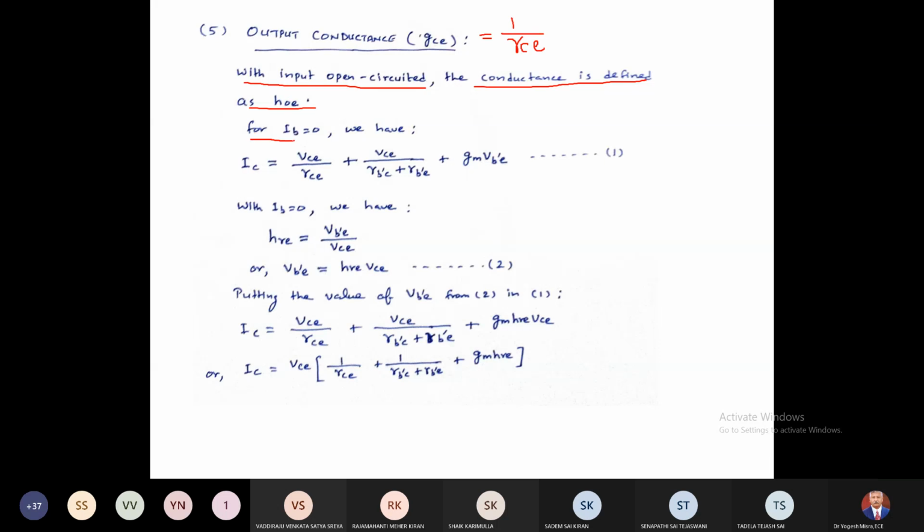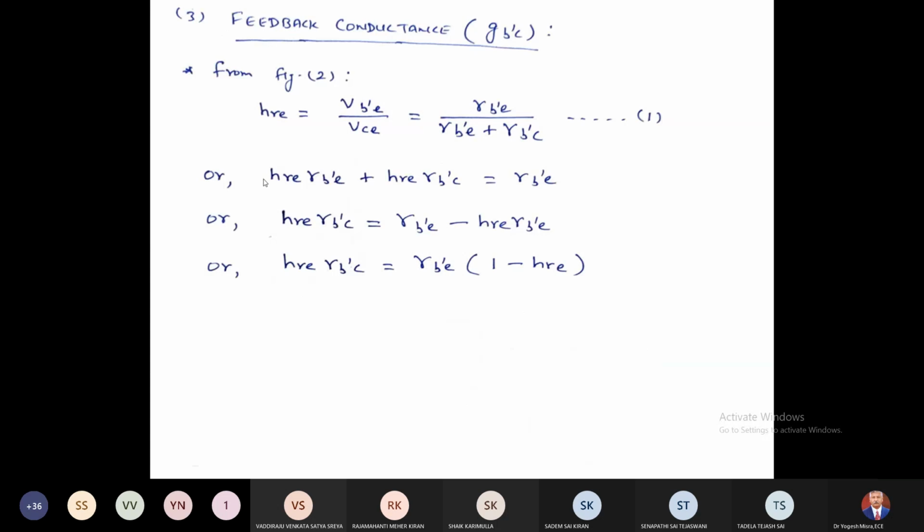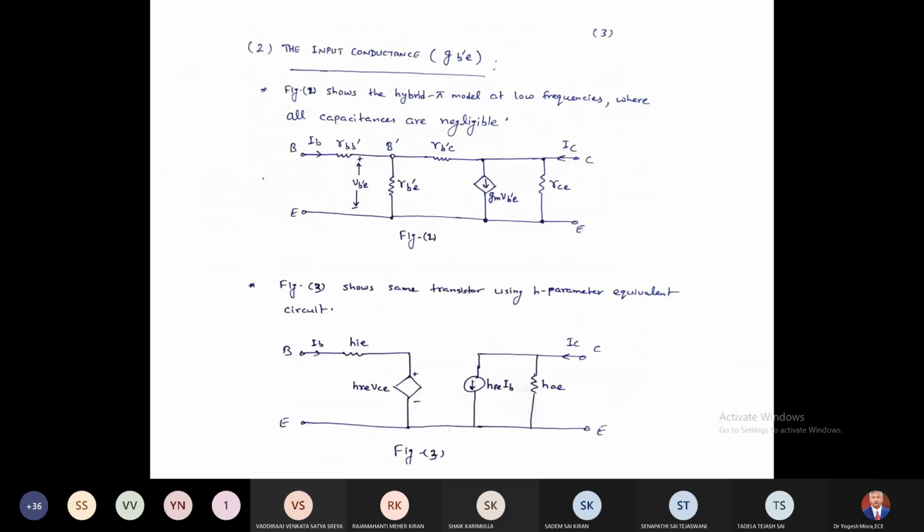So open circuit means IB is 0. There is no base current. Base current is 0. So in that case, if you write the IC expression, then you can see here this IB in this figure 2. IB you make 0.